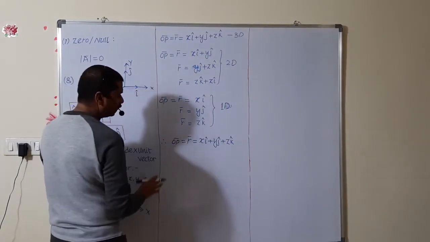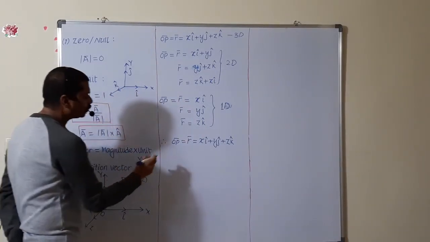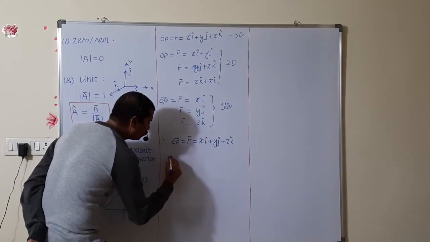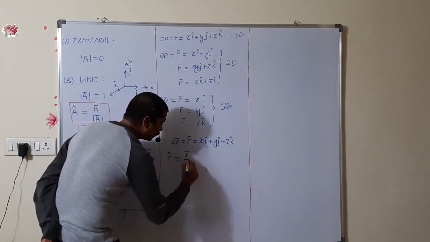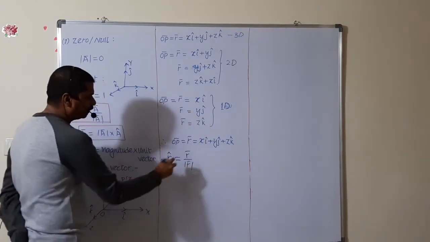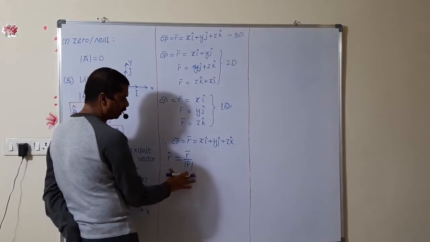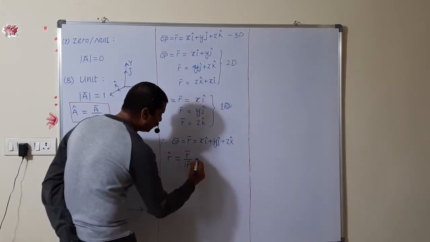In this position vector, I want to calculate the unit vector. What do we have to write? R vector divided by mod of R vector. This is the formula for the unit vector of the position vector.